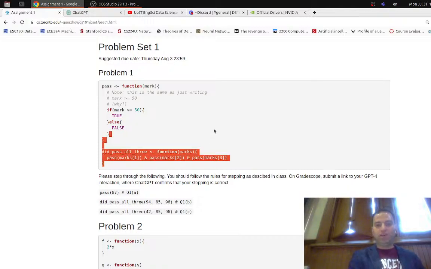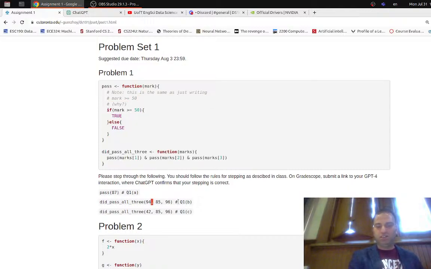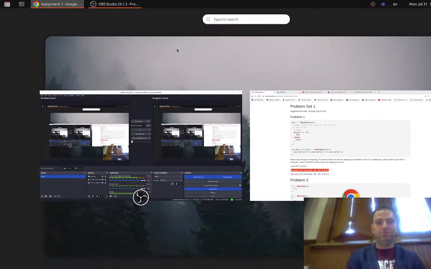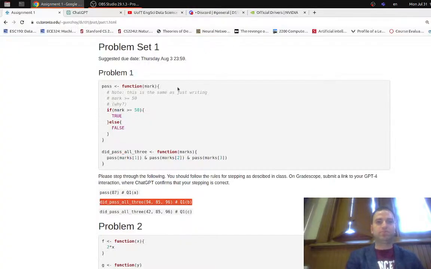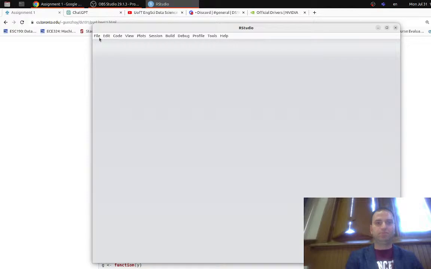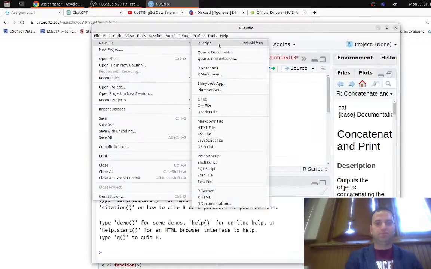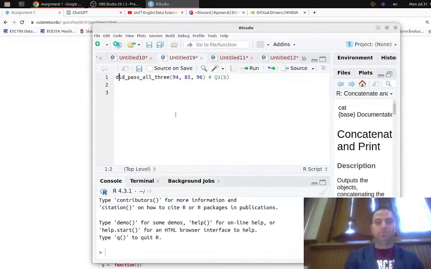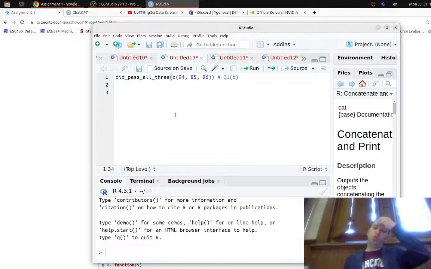So you have something like this, Q1B. Oh yeah, okay, I did mess it up, so this should be C94, 85, 96. So really what I meant to say is this, and we'll review vectors in a second as well.